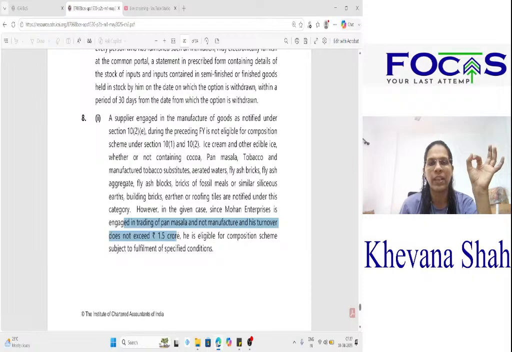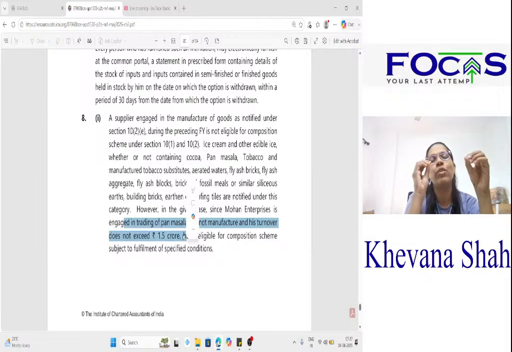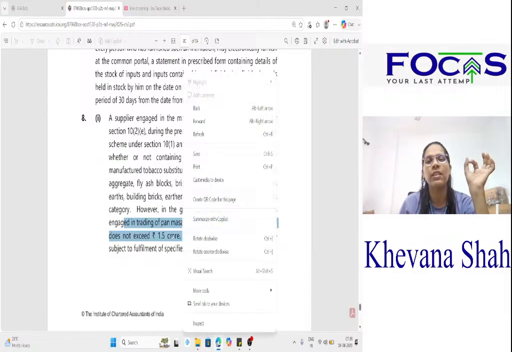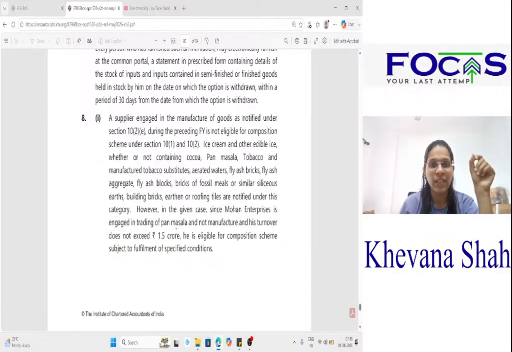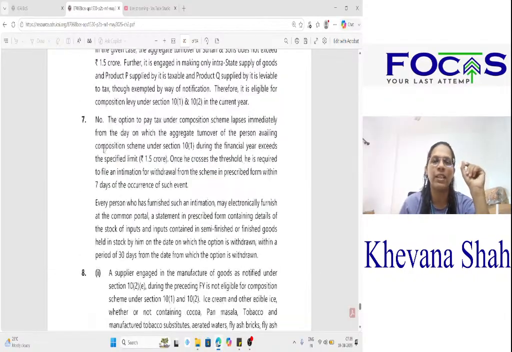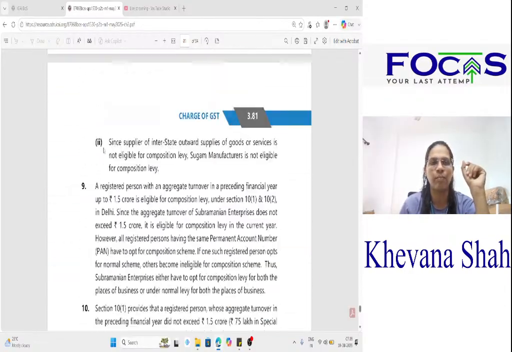So these two conditions are being met. Now you need to check whether other conditions are fulfilled or not. That is the reason they have given the answer as he is eligible for composition scheme subject to fulfillment of specified conditions. So if he is fulfilling all the other specified conditions, then he will be eligible for composition scheme.